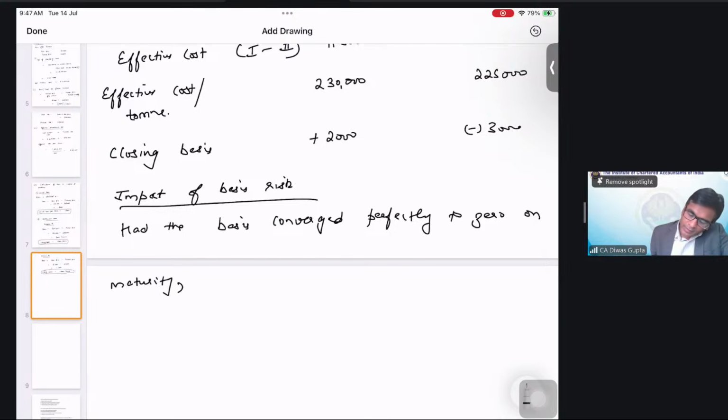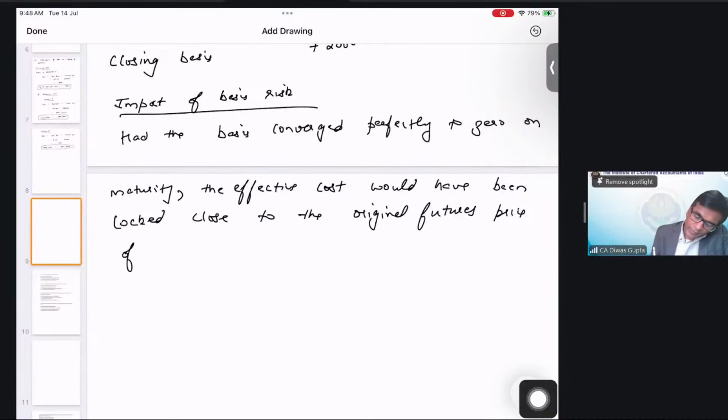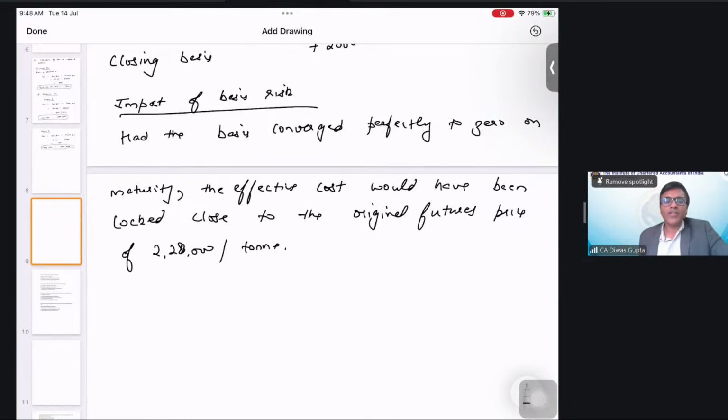Then the effective cost would have been locked close to the original futures price of 2,28,000 per ton. So here what we are saying is that had it converged to zero, the original price of futures would have remained, which is 2,28,000 per ton.